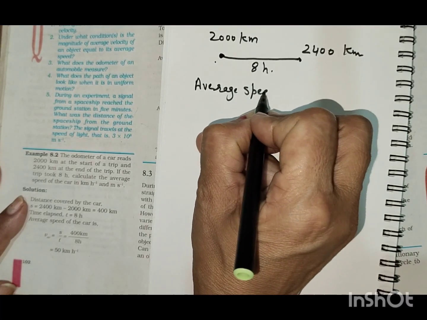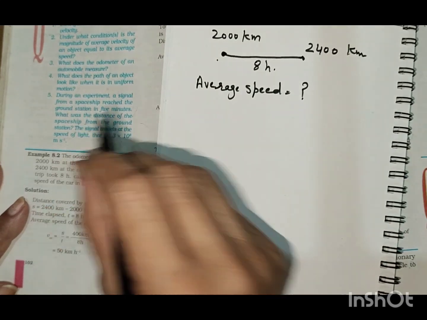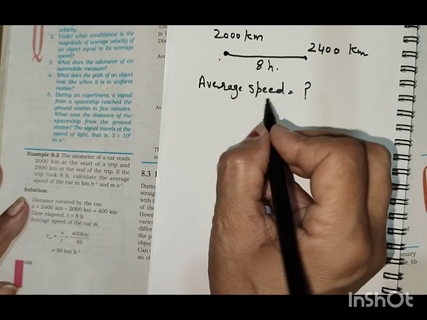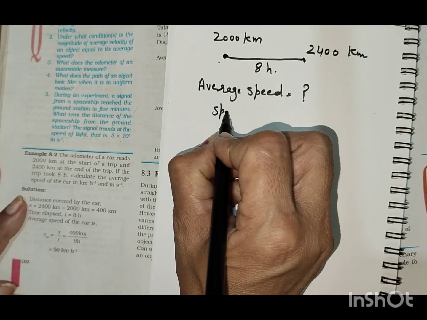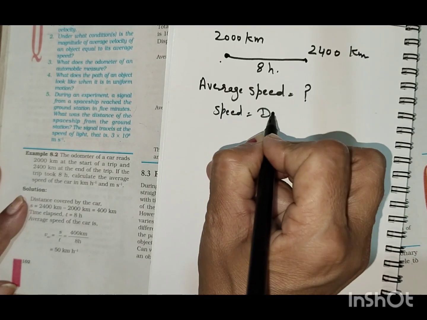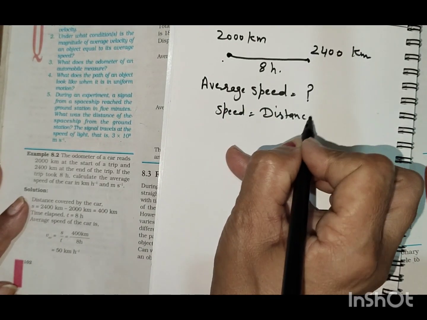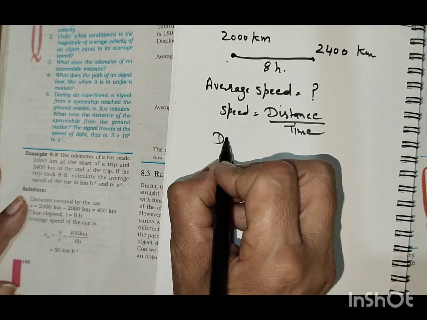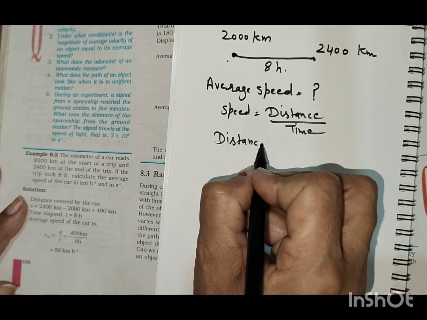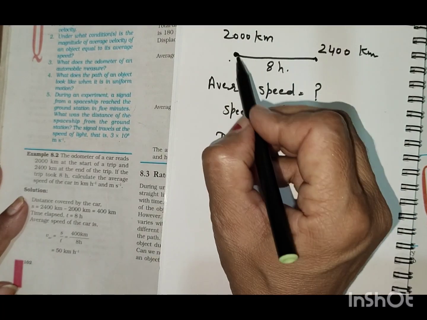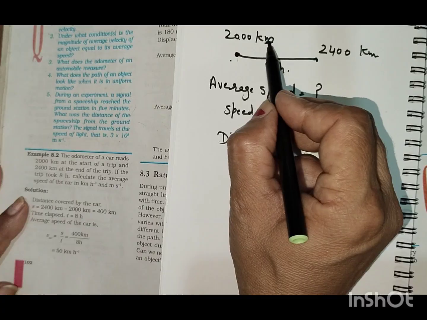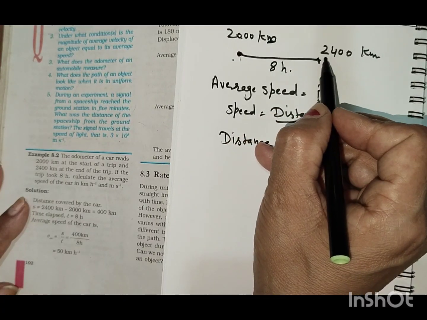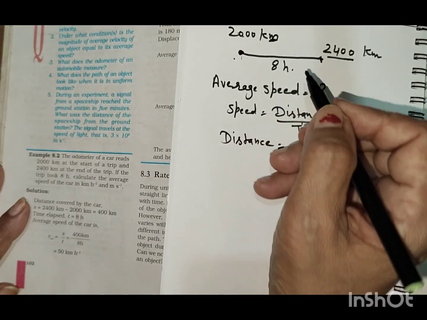Average speed we will calculate, and the average speed formula is distance by time. Now first measure the distance. Here the starting point is 2000 kilometers and the ending point is 2400 kilometers.